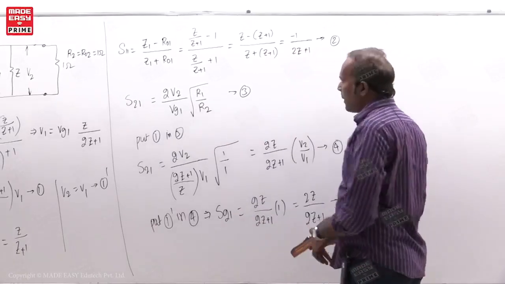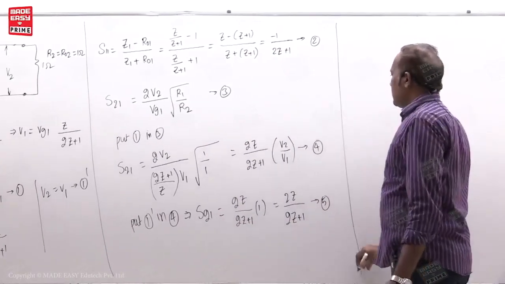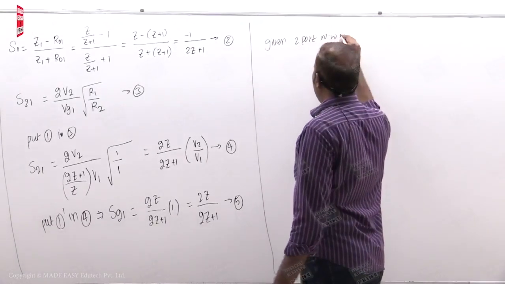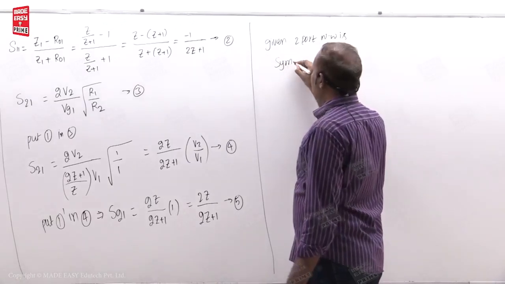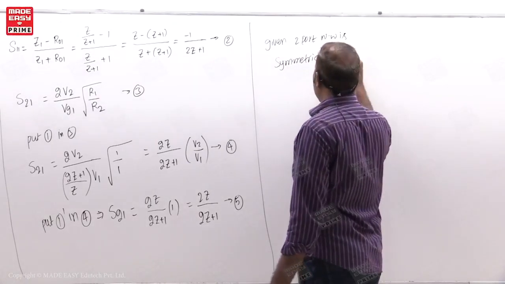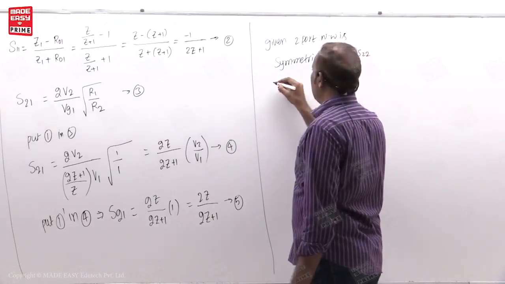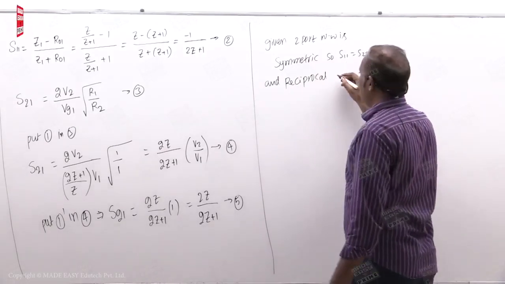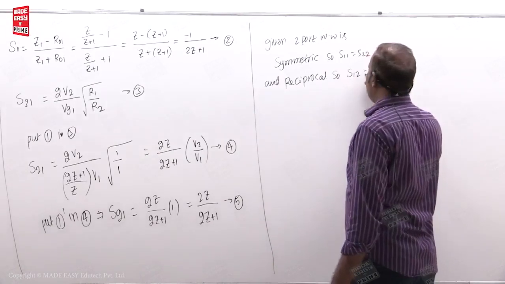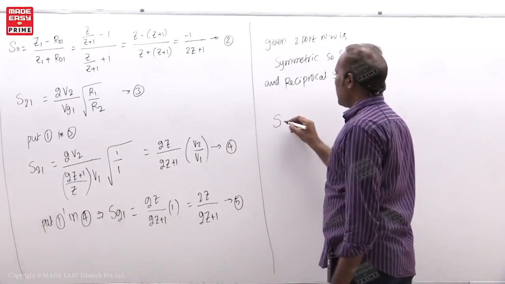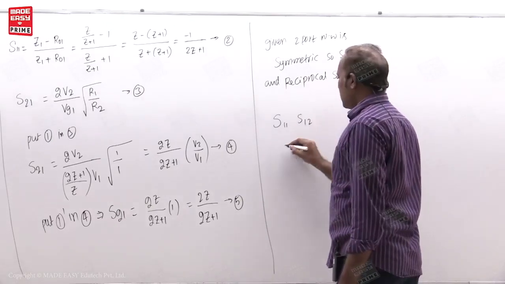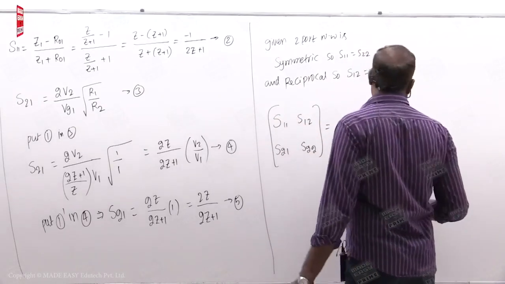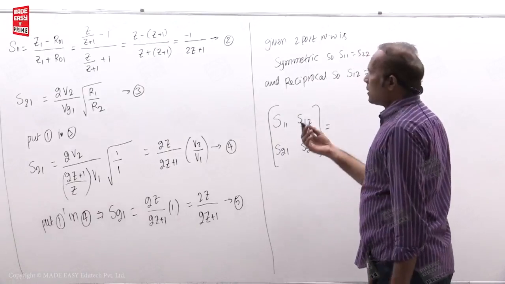So in network theory, you know that this is a reciprocal network as well as symmetric. So that is why no need to solve other parameters, because the given two port network is symmetric. So S11 is equal to S22 and reciprocal, so S12 is equal to S21. So now S matrix S11, S12, S21, S22 is equal to: S11 is what, students?